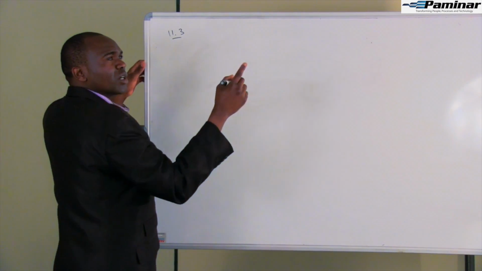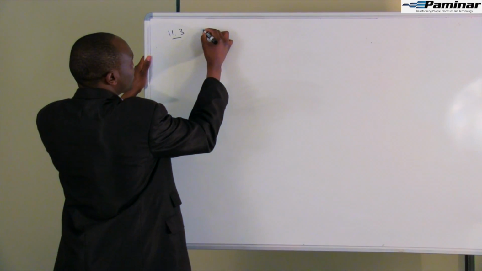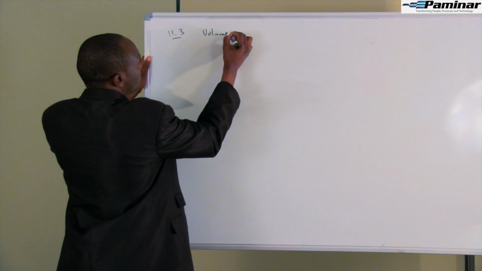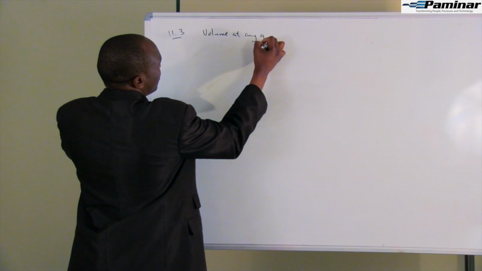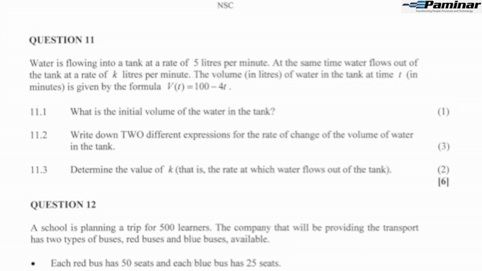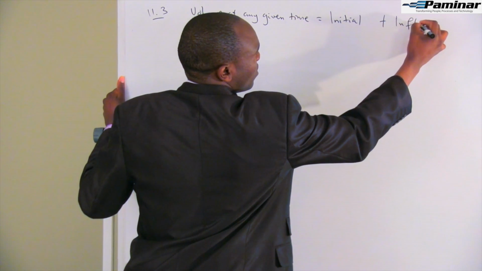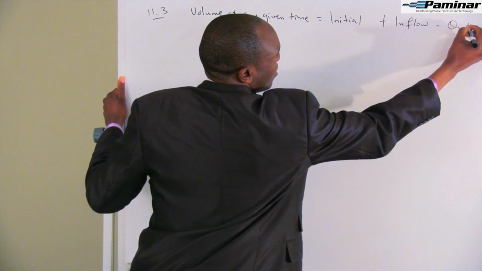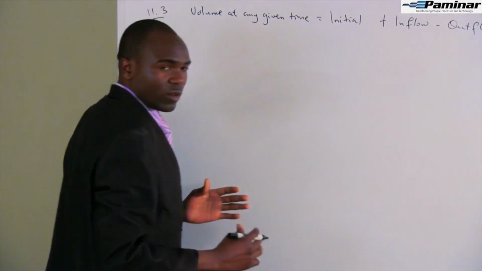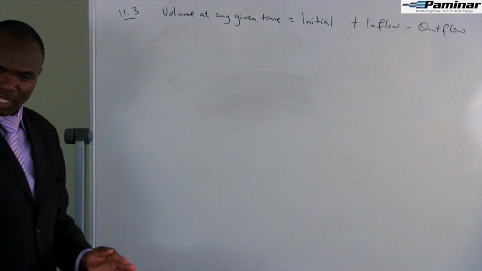The volume of the water at any given time is the initial water that was in the tank plus the inflow minus the outflow. When we are saying outflow, we are talking of the one that is going out. Inflow is the one that is getting in.